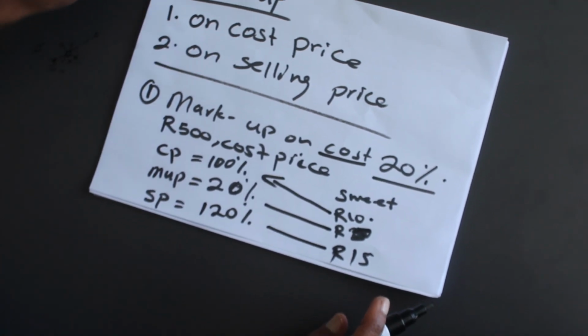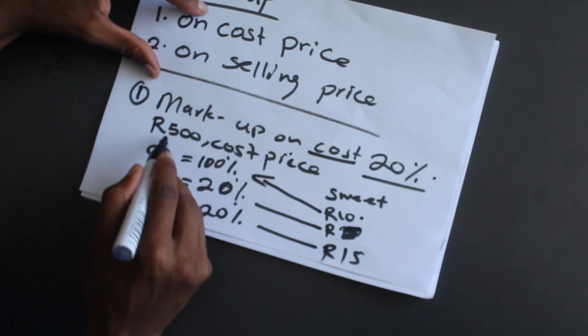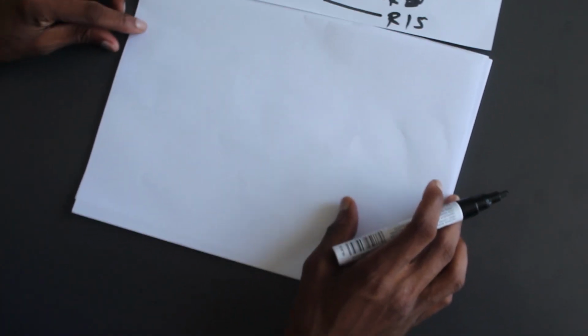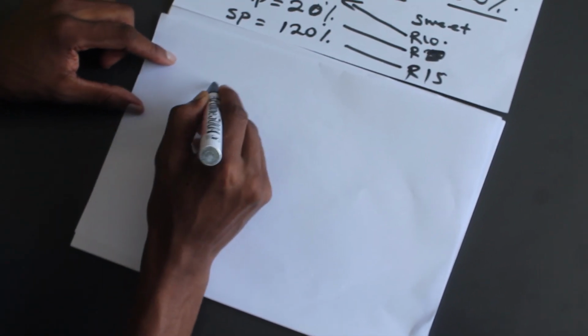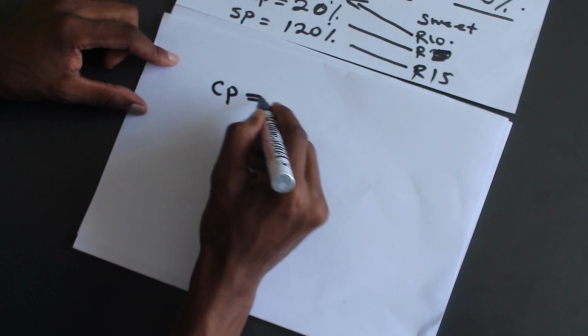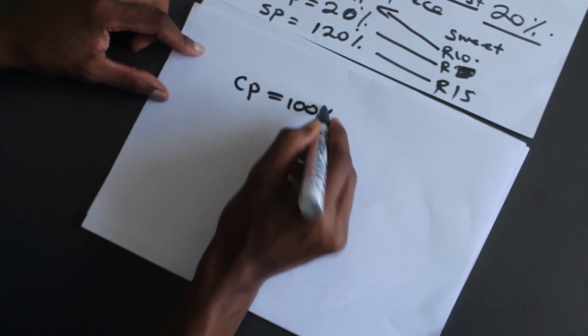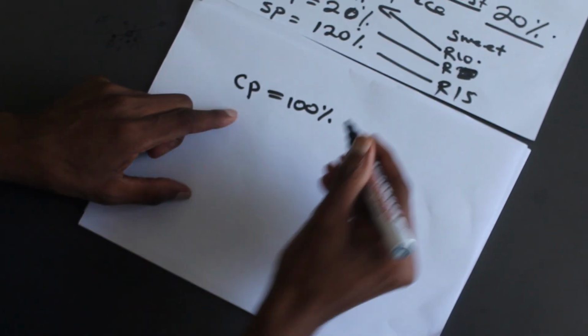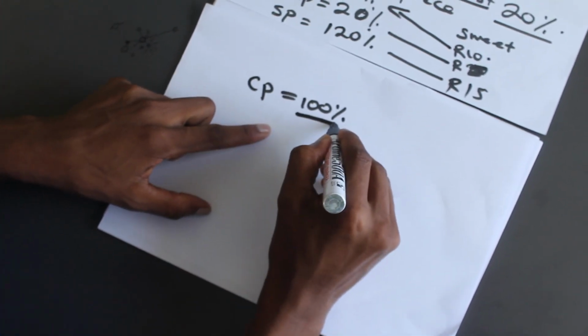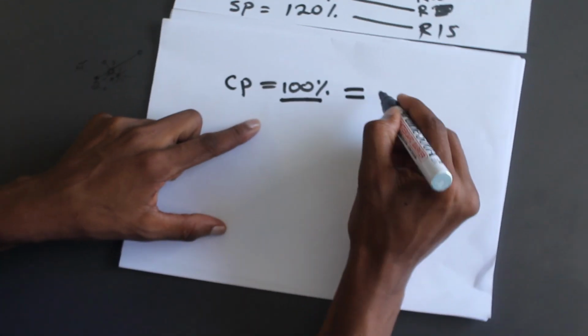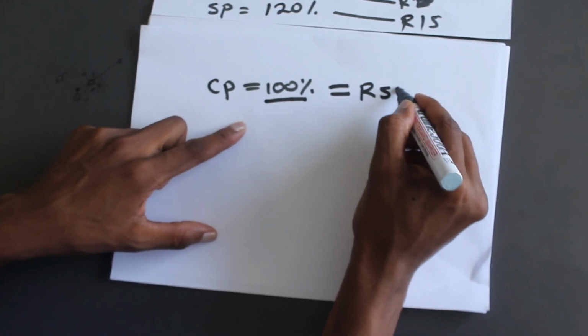Okay, so let us go and work with this 500 right now. Let's say that already you have 500 rand as cost price. Remember I said if the markup is on cost price, your cost price is 100%. It means this 100% is equal to your 500 rand, right?